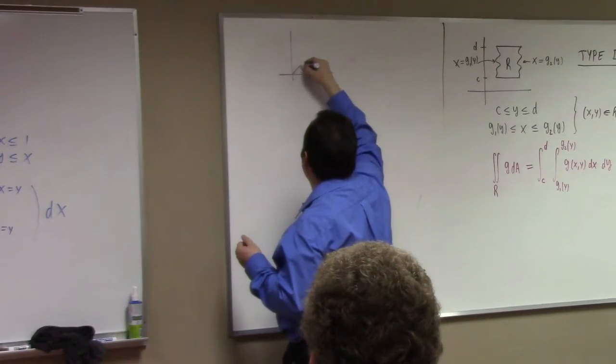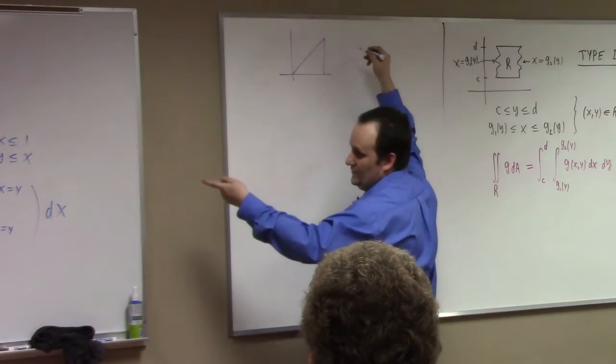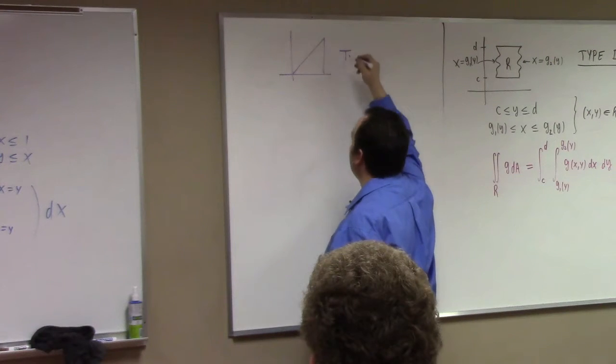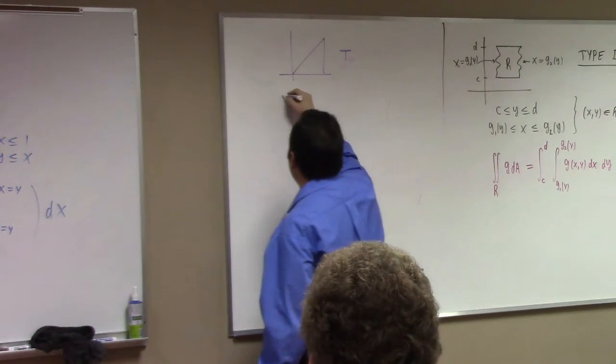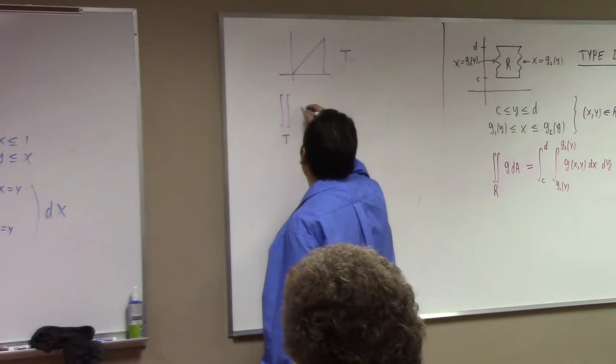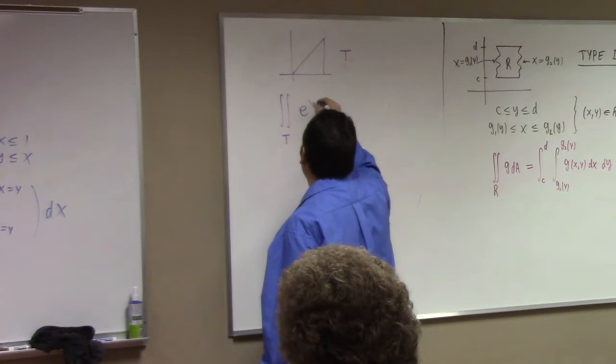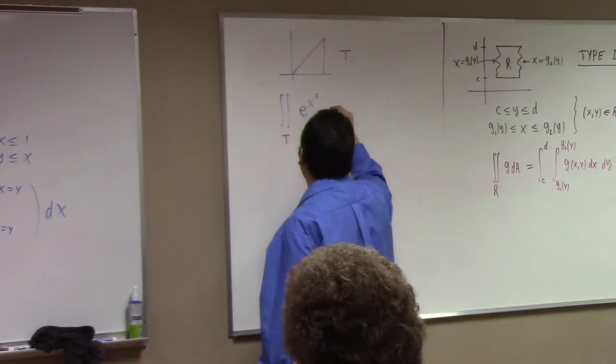So the region I want to look at, I think, is this. All right, so it's actually the one we just looked at. It's T again. And I want to look at the integration over T of, goodness gracious, I think it's e to the x squared dx dy.